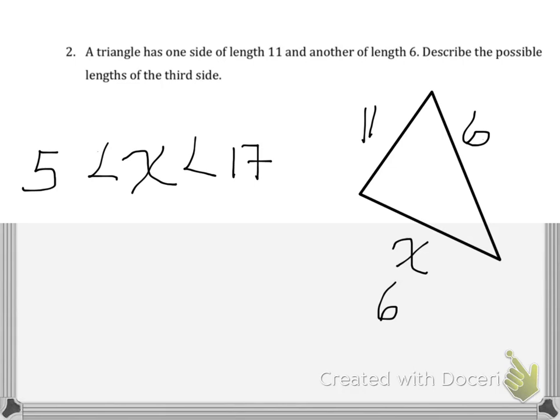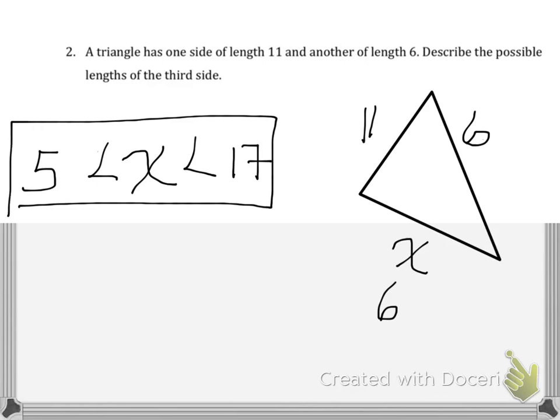So here are your possible lengths. X has to be less than 17, but greater than 5. So numbers between 5 and 17, not inclusive, is what's going to cover our length possibilities. Okay, so again, to get those numbers, I added the two numbers I was given.